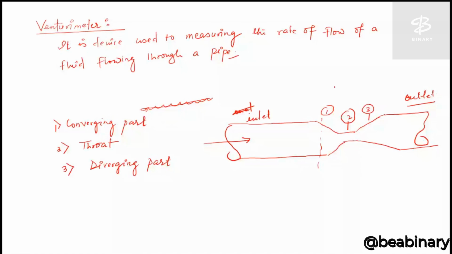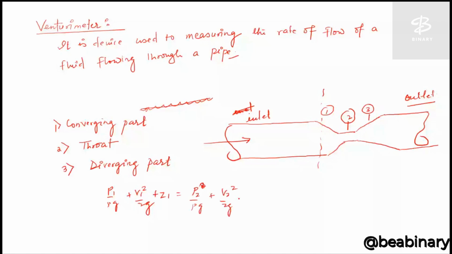So if I consider the two sections, section 1 and section 2, and apply the Bernoulli principle at sections 1 and 2, then we can write P1 by rho g plus V1 square by 2g plus Z1 is equal to P2 by rho g plus V2 square by 2g plus Z2.